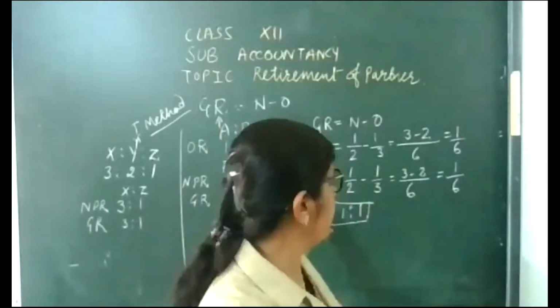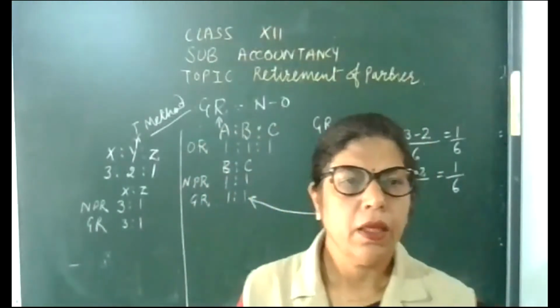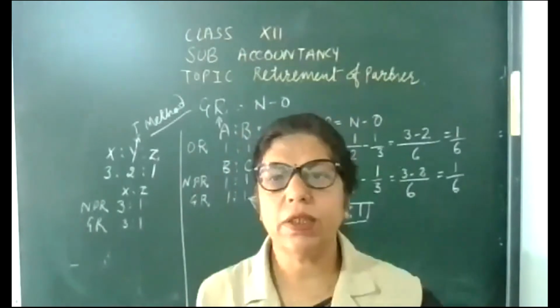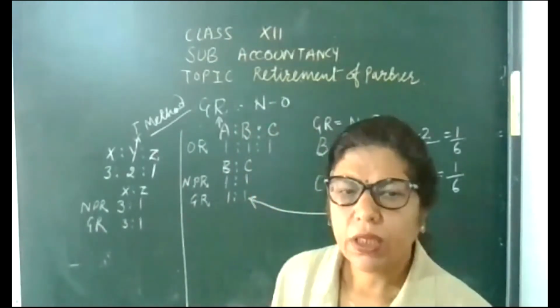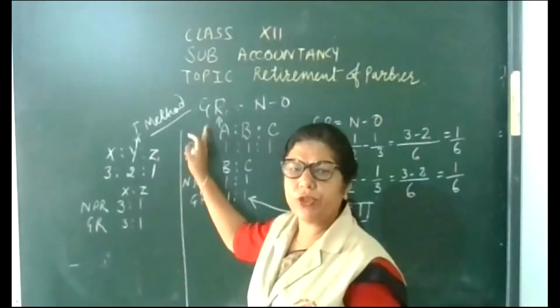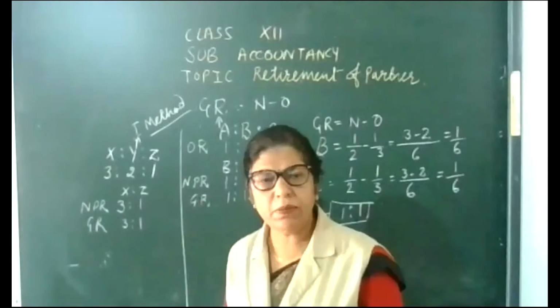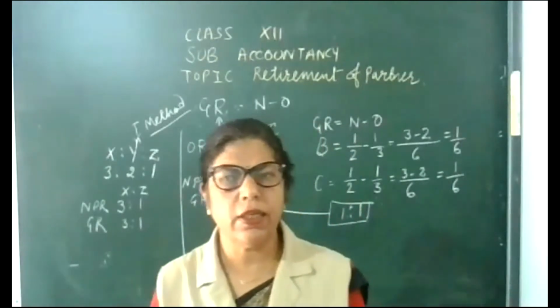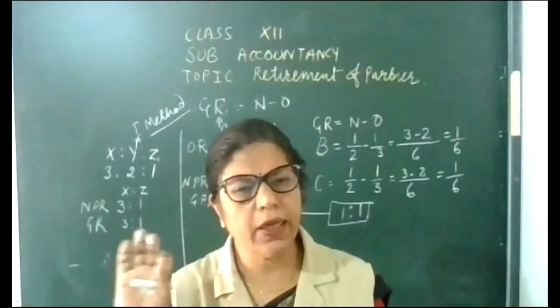As I explained, you can check it this way. I'm sure you must have understood what I am teaching you today: gaining ratio by the first method. First method means only the old share is given, nothing else.